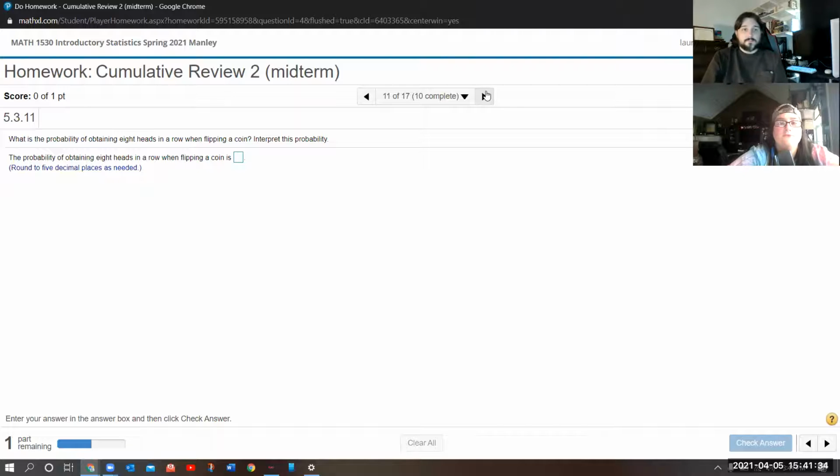The probability of 8 heads in a row when flipping a coin. Okay, I remember we'd done a problem like this before. I'm trying to remember what the formula is. Oh, Lord, today's been a long day.